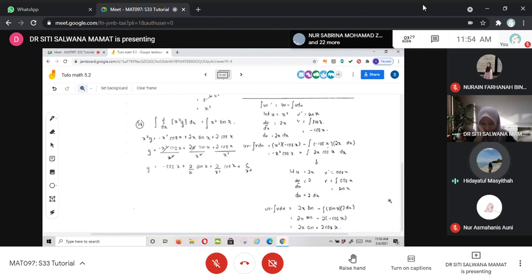So v prime kita cos x, so kita nak v, kita integrate cos x, kita akan dapat sin x. So insert again the formula, kita akan dapat 2x sin x minus integrate sin x multiply 2 dx. So kita dapat 2x sin x plus 2 cos x.